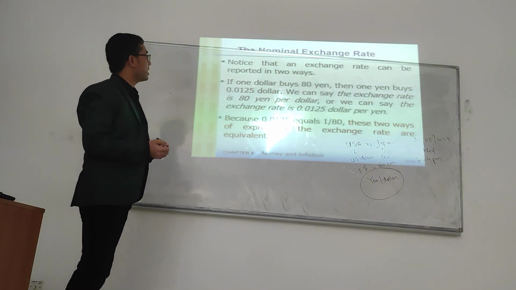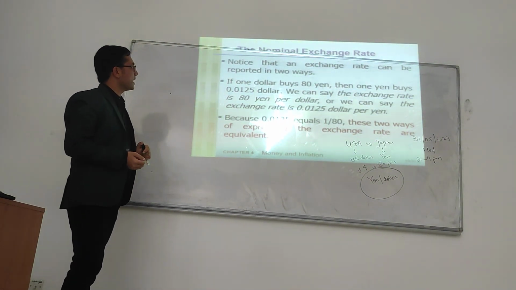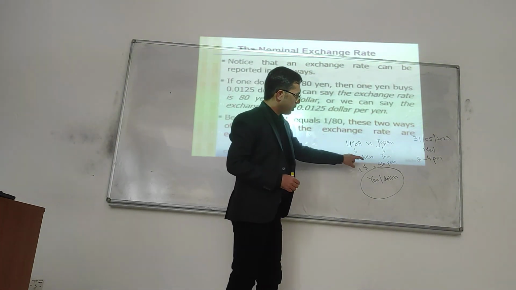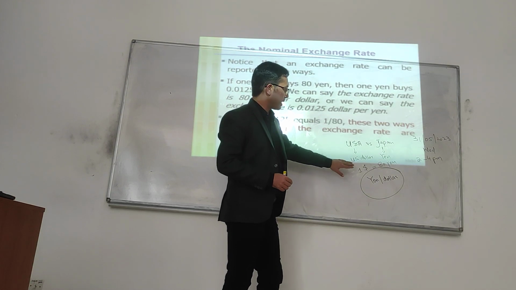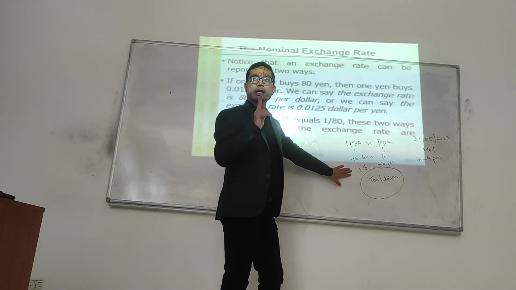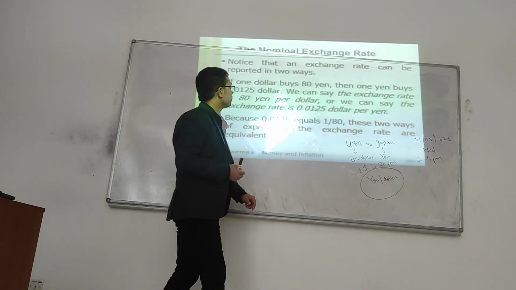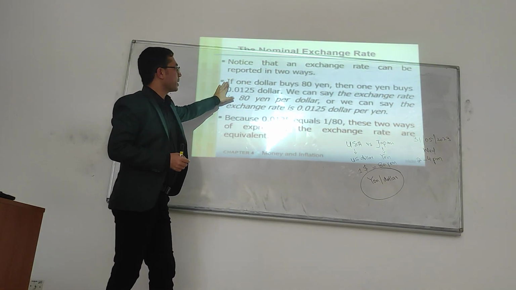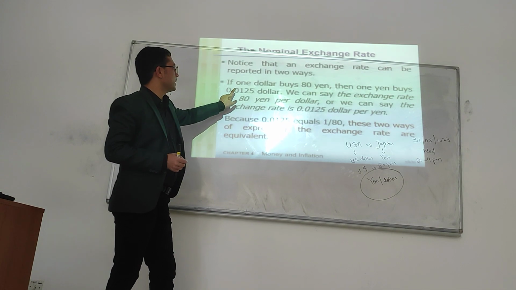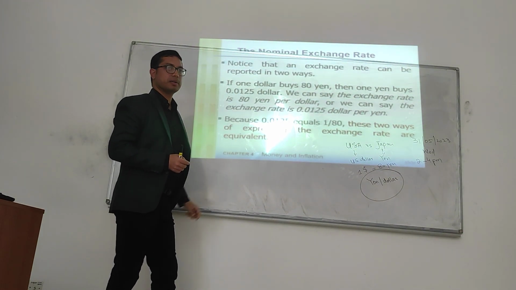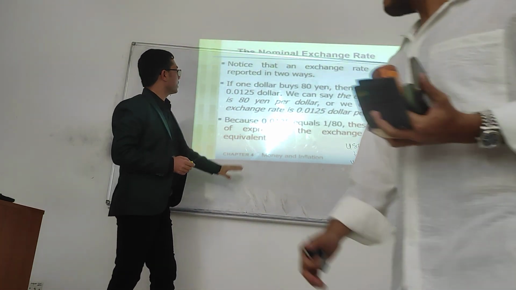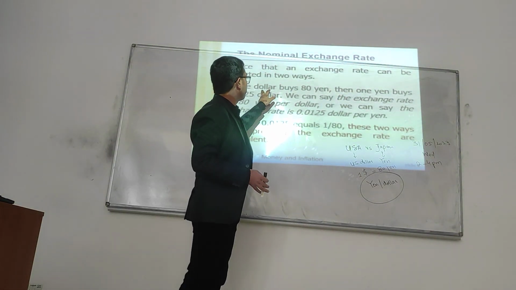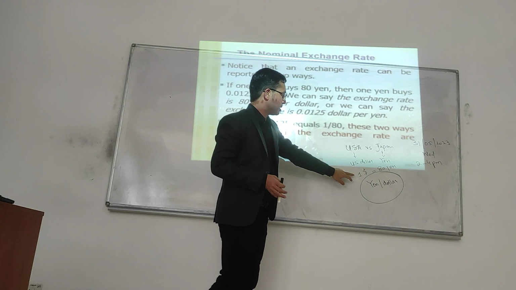Now, notice that an exchange rate can be reported in two ways. We can report this ratio, or this exchange rate, in two different forms. If $1 buys 80 yen, this is the ratio.